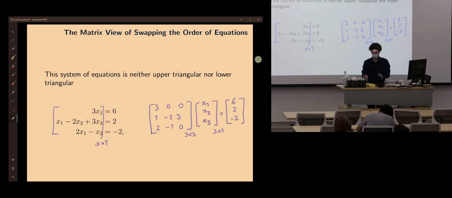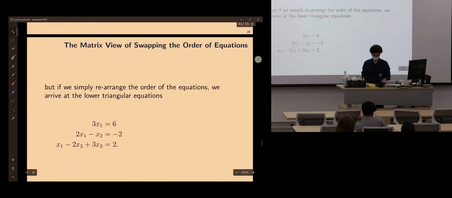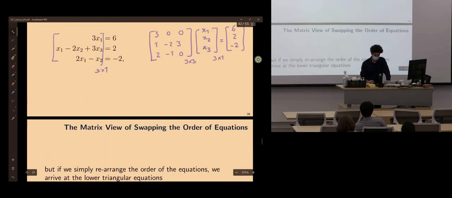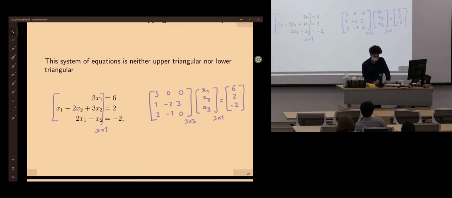Now, this doesn't have any interesting structure. It's not lower triangular, it's not upper triangular, it's just a regular matrix. But if I just swap these two rows, what happens?